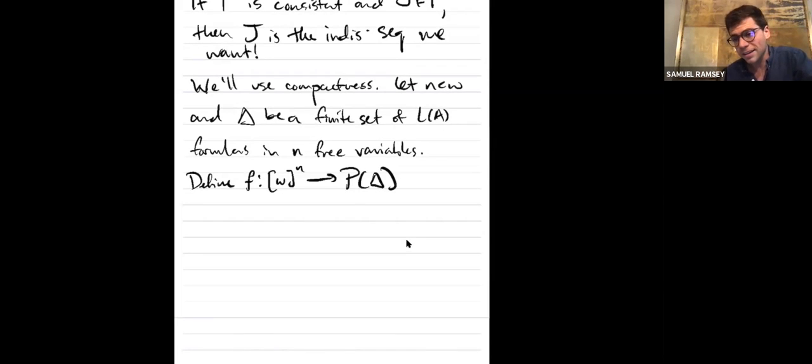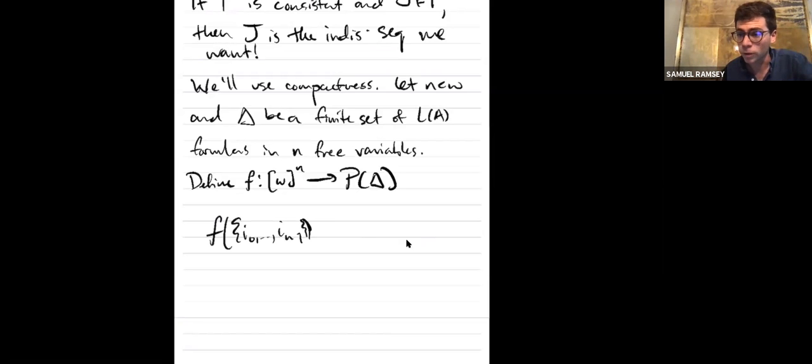So that's not a number. It's not the set 0 through r minus 1, but of course it's in bijection with a finite set like that. And because delta was finite, the power set of delta is also finite. So this is certainly finitely many colors. And so Ramsey's theorem tells us that anytime we have such a coloring, we will be able to get a homogeneous subset. So what's the coloring we want? Well, what we'll do is we will look at F of i_0 through i_{n-1}.